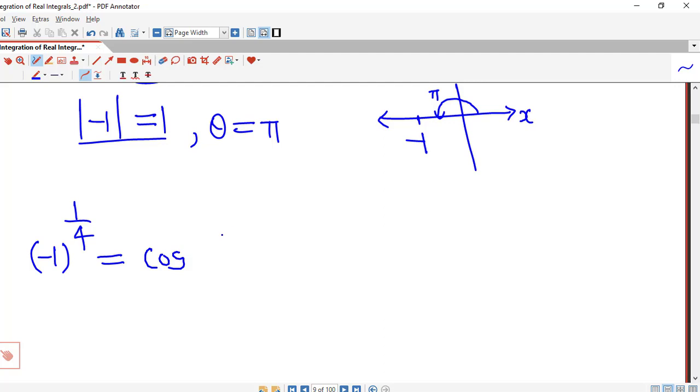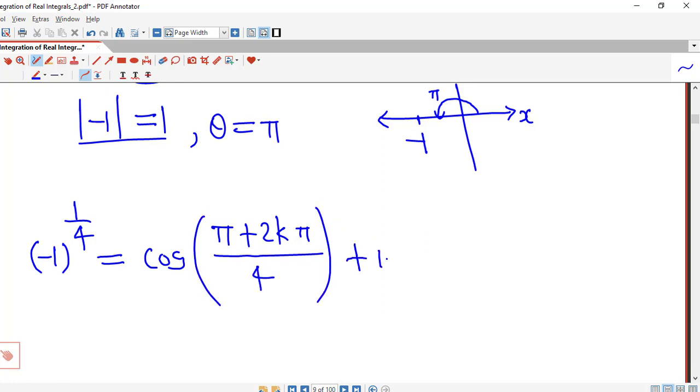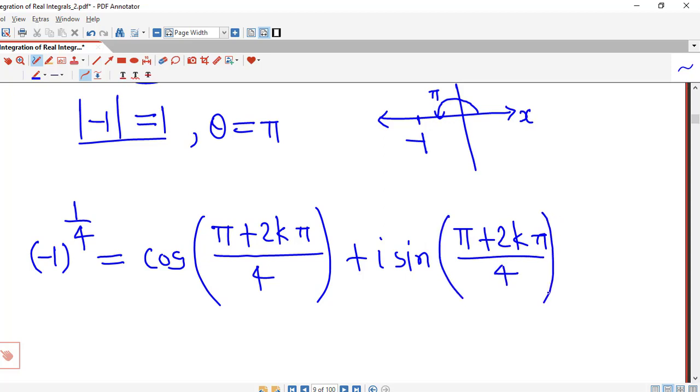So we have cos of (pi plus 2k pi) divided by 4 plus i sin of (pi plus 2k pi) divided by 4, and here k runs from 0, 1, 2 up to n minus 1. Here n is 4, so we have to go up to 3.